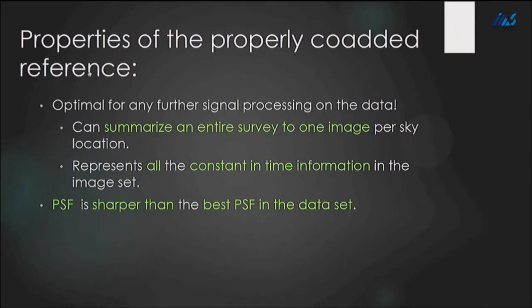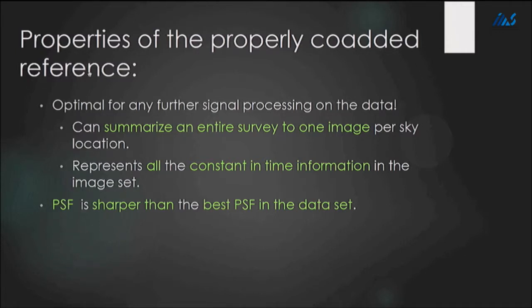And it can truly summarize an entire survey into an image. So if you have 1,000 images of the same place in the sky, you can summarize all the constant in time information into one image and know it's there. Whatever you could do with this set of 1,000 images, you can do with one. So this is a killer app on its own.